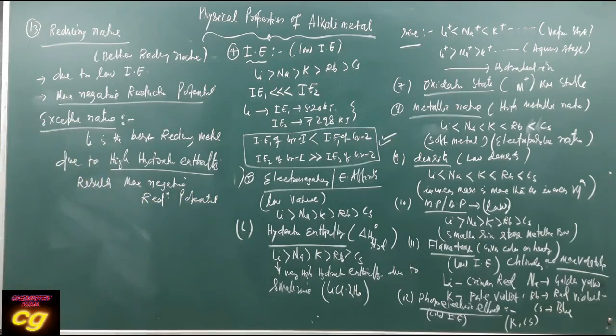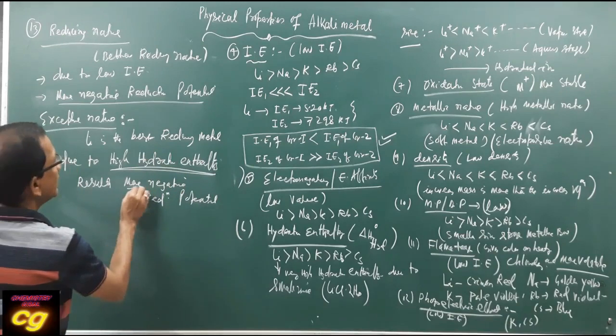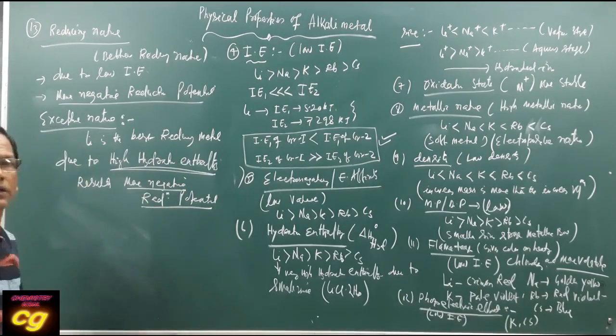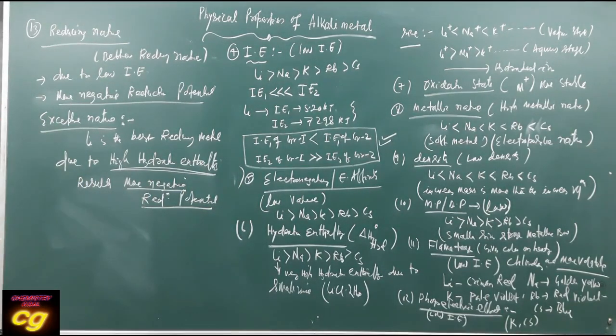As the reduction potential of lithium is much more negative compared to other alkali metals, lithium is the best reducing agent. The reducing character of lithium is highest due to high hydration enthalpy and more negative reduction potential compared to other alkali metals.